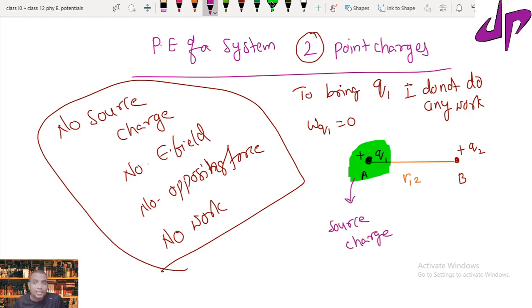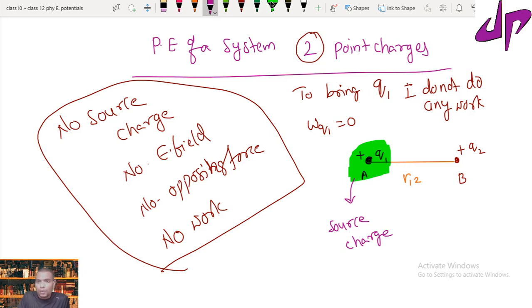Obviously it will create an electric field, and that electric field starts to oppose me because I am bringing another positive charge. Then I need to do work against that field.